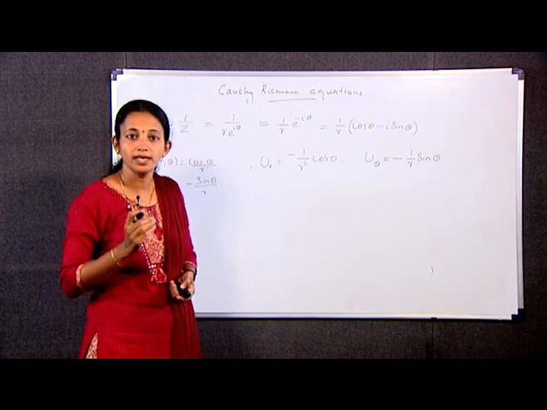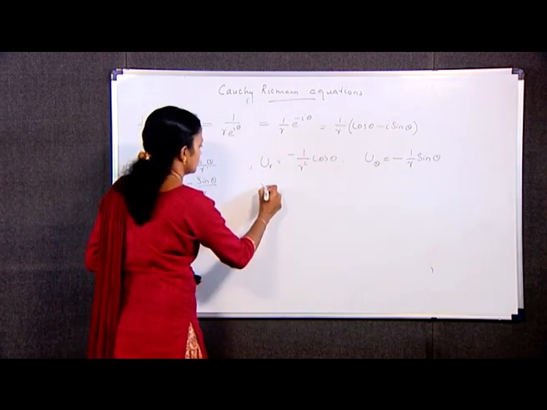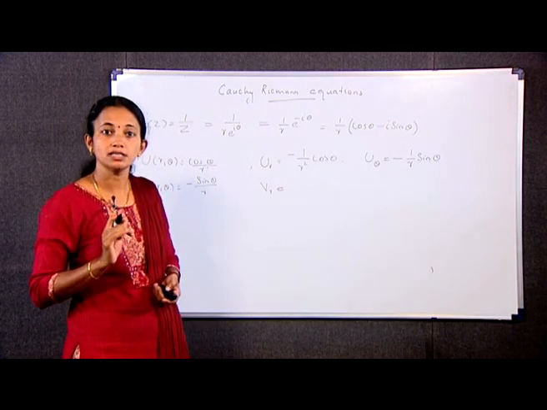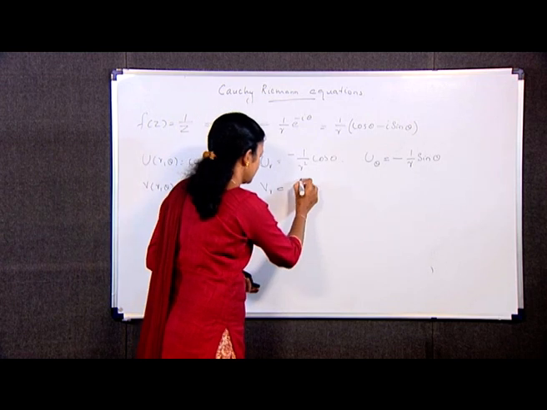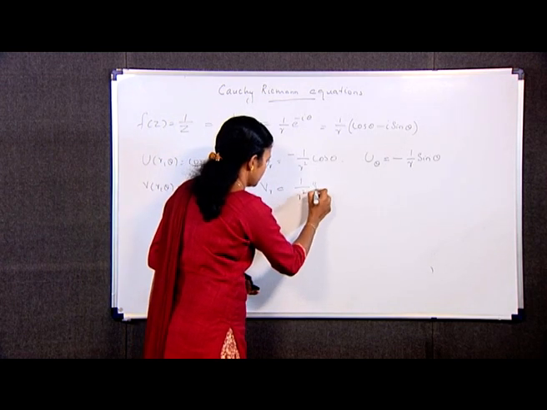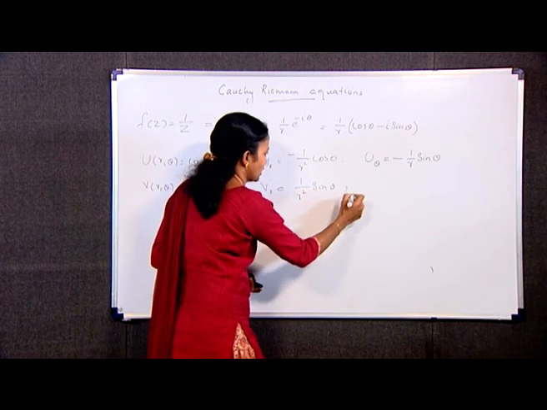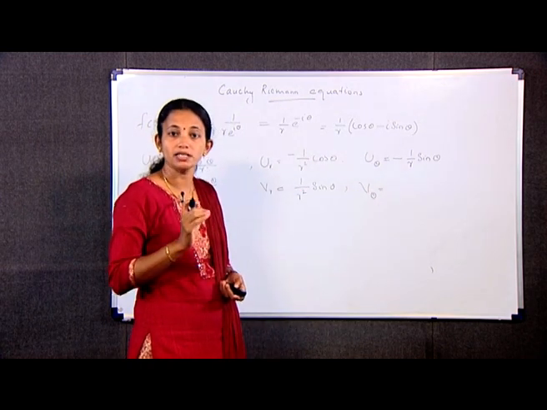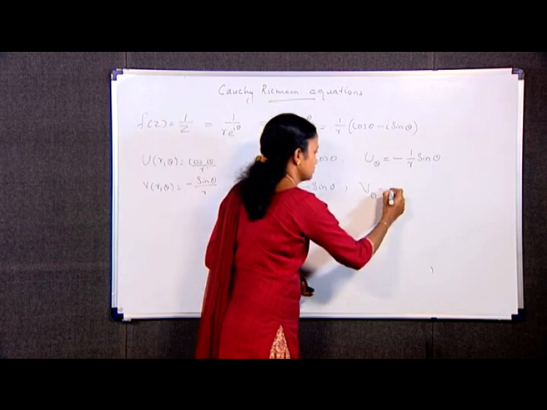Similarly, we have v r equal to 1 by r square sin theta and v theta equal to minus 1 by r cos theta.